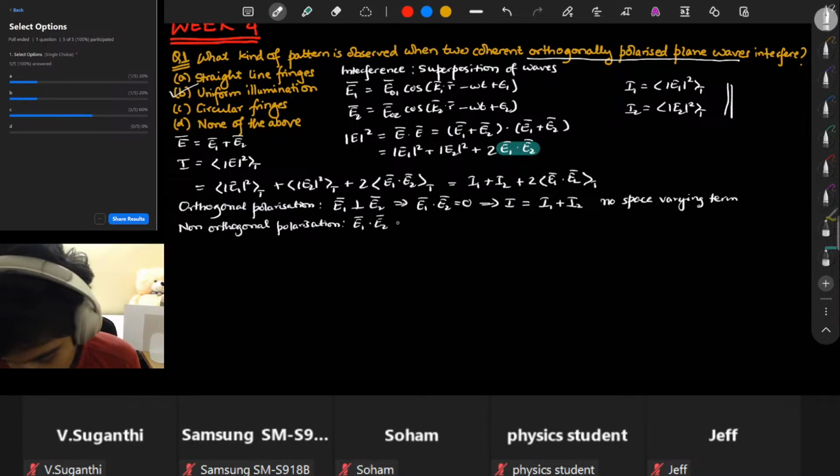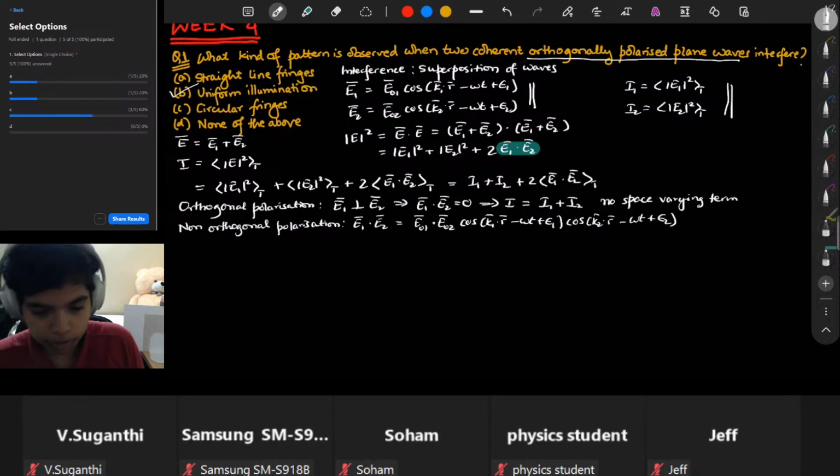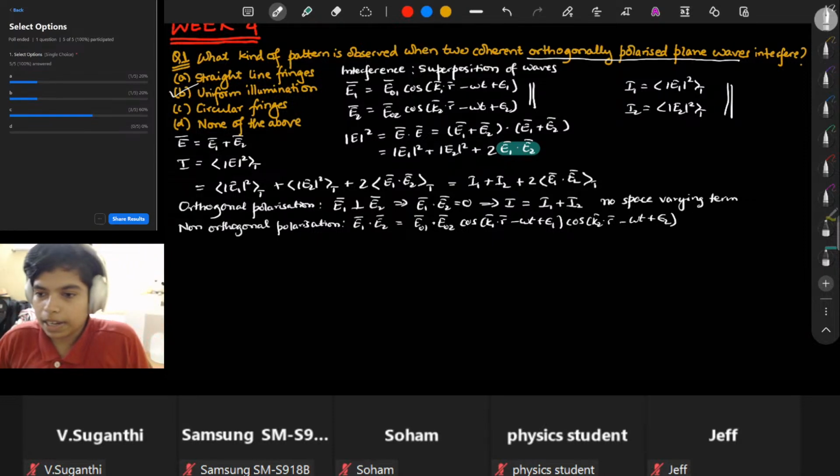E1 dot E2 will be equal to, plugging in these values, E naught 1 dot E naught 2 cosine of (K1 dot R minus omega t plus epsilon 1) into cosine of (K2 dot R minus omega t plus epsilon 2). That's E1 dot E2, and we can further simplify it.